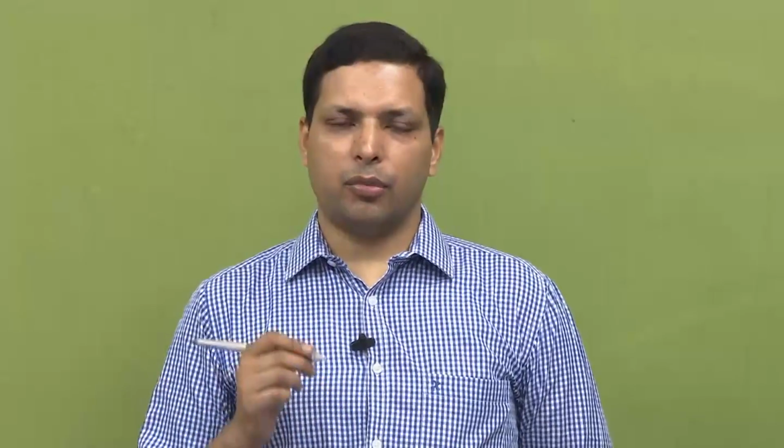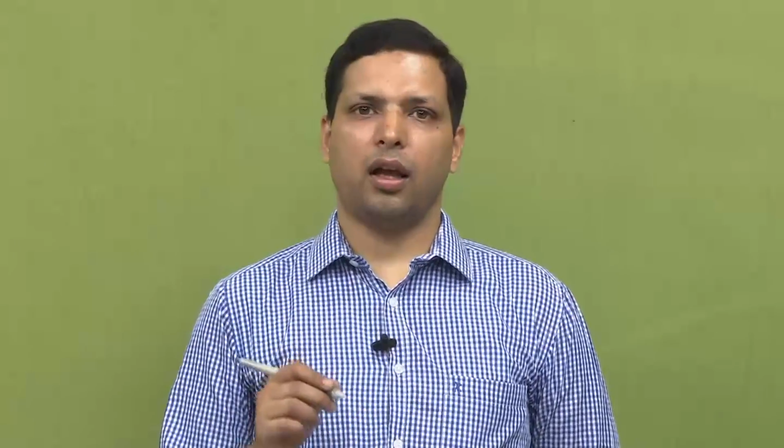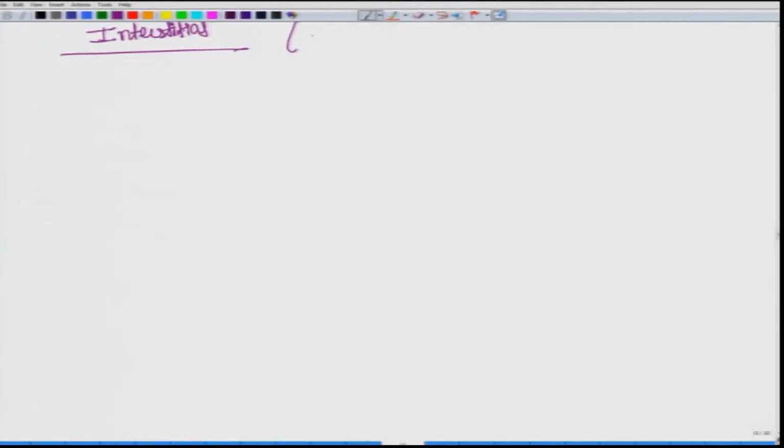The major problem here is the availability, the size that is available here. And to understand this we will look at carbon in iron, which is what we call steel.